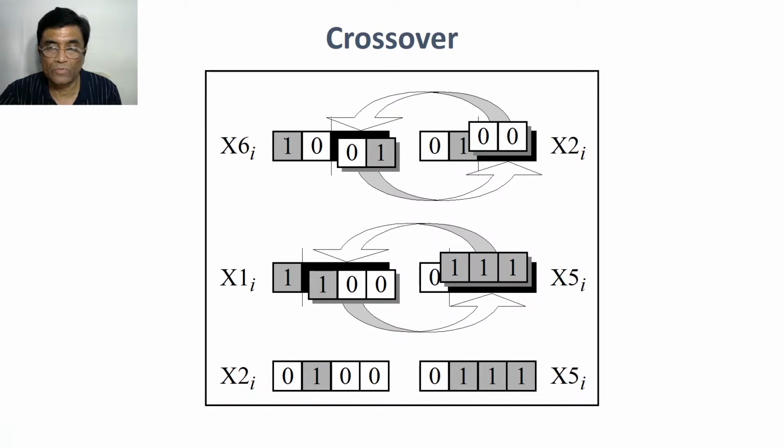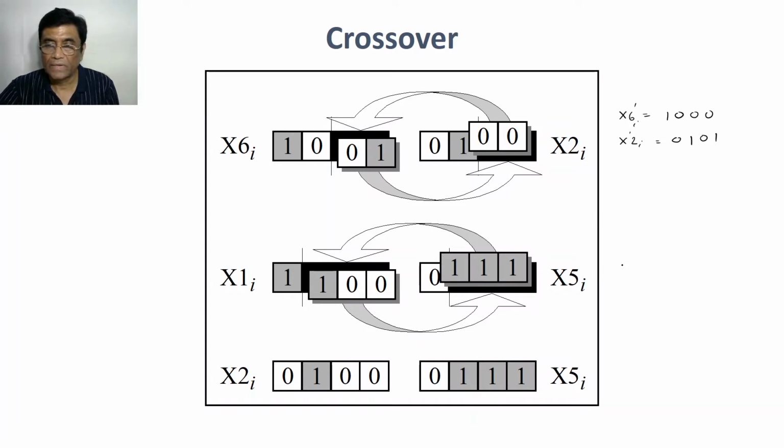This is the X6 chromosome, which is allowed to mate with the X2 chromosome, and mating means they are exchanging genes. After mating, the new chromosome X6 will be equal to 1, 0, 0, 0, and X2 will be 0, 1, 0, 1.